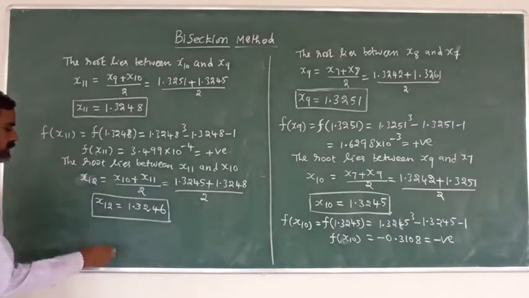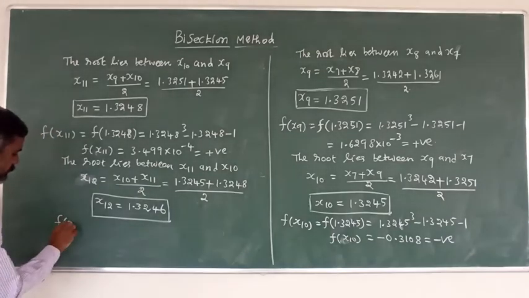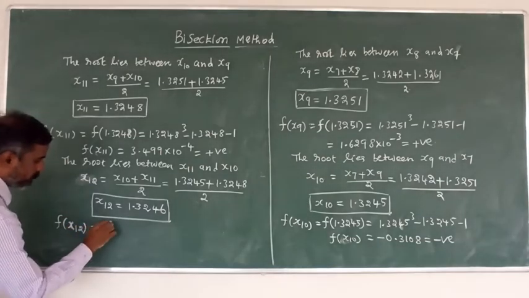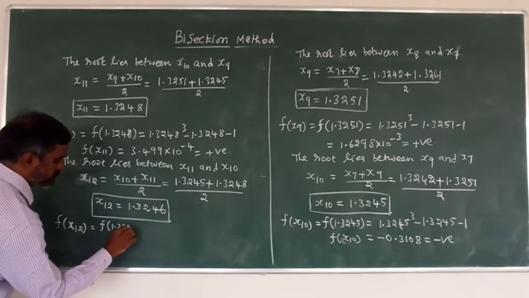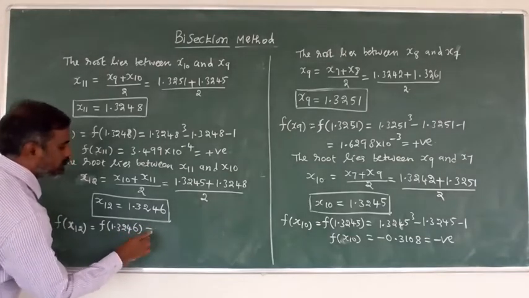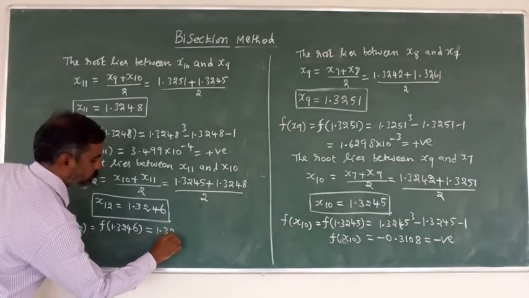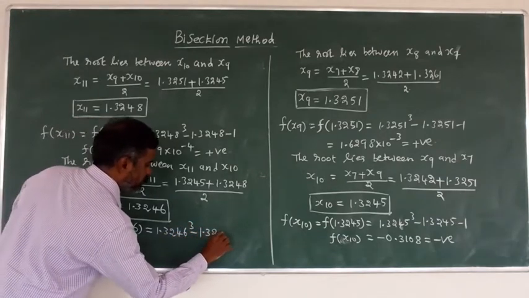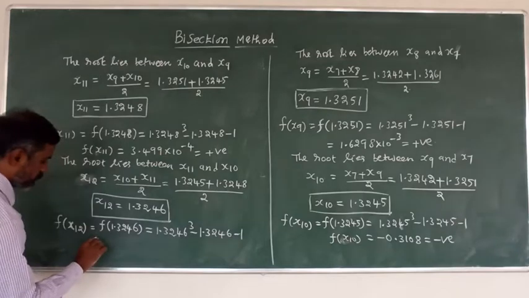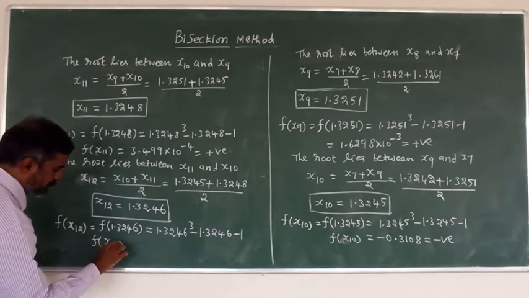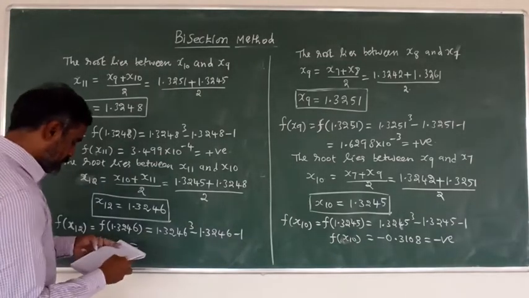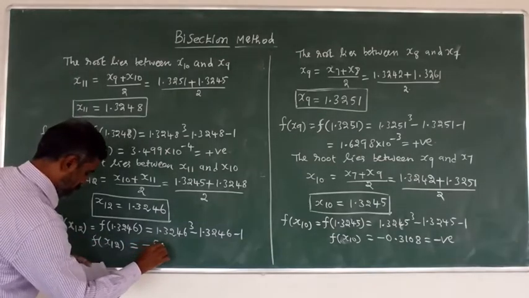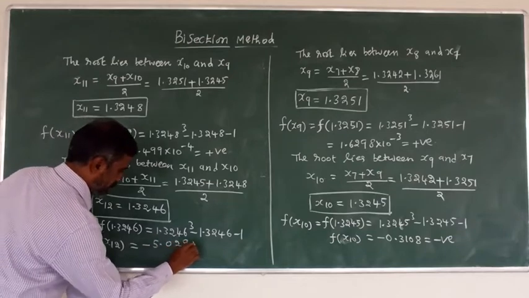Now to check f of x12, 1.3246, positive or negative. For that, 1.3246 cube minus 1.3246 minus 1. Now f of x12 we get the result minus 5.0298.